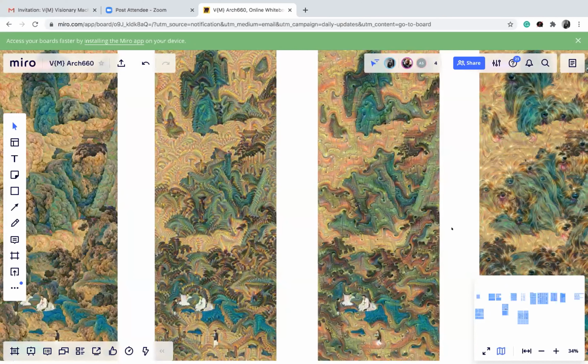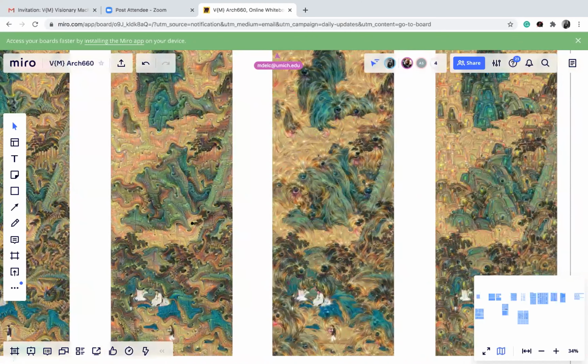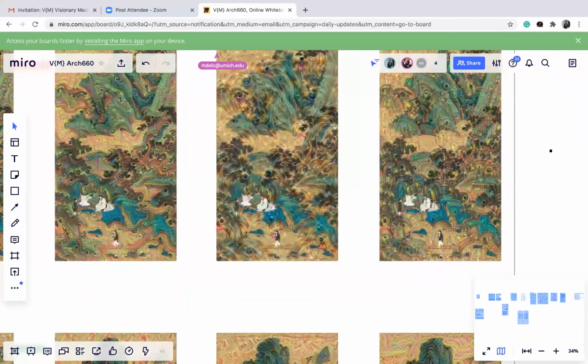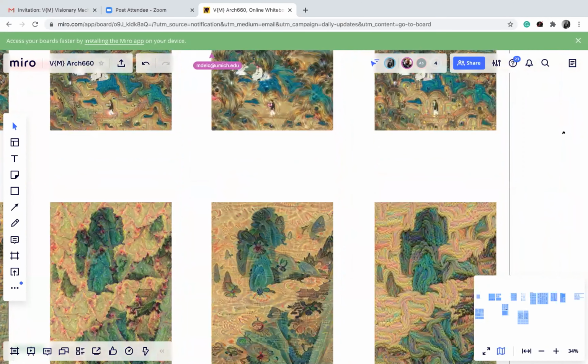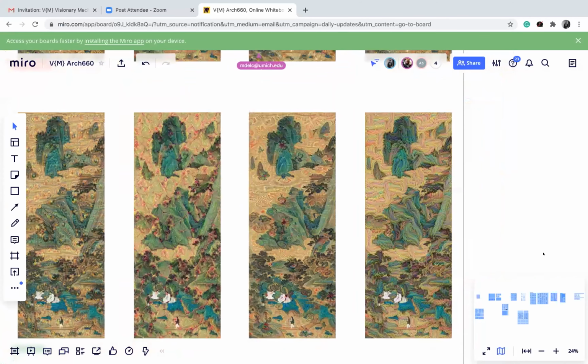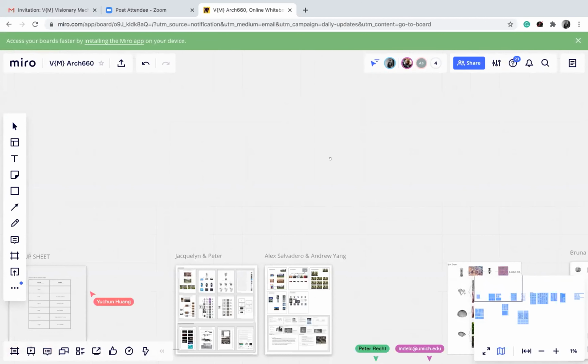It's interesting to see how it reconstructs the structure of the original painting and makes something interesting. Yeah, like the butterflies. And then we are going to talk about our readings.